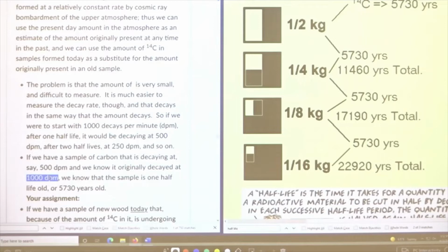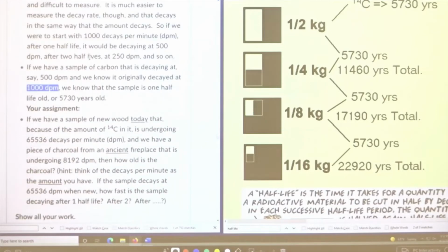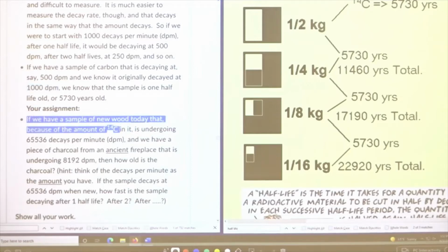So, let's imagine that today we have a sample of wood that, because of the carbon-14 in it, is decaying at 65,536. Now, there's actually a reason for that number. 65,536 decays per minute. Well, that means that's the normal rate of decay of new carbon.